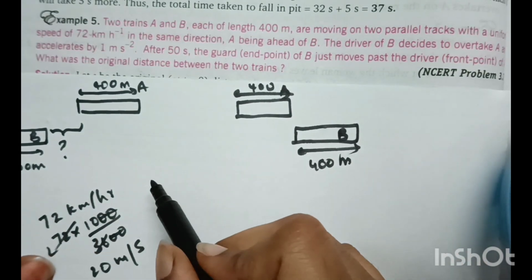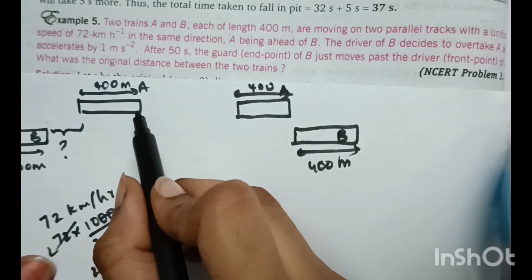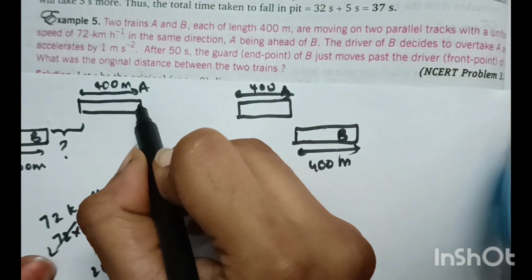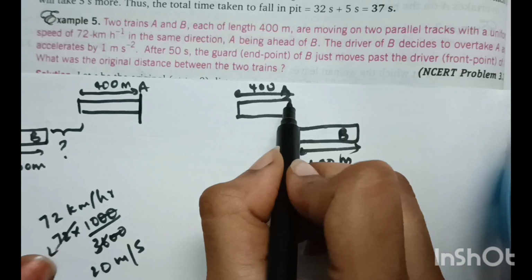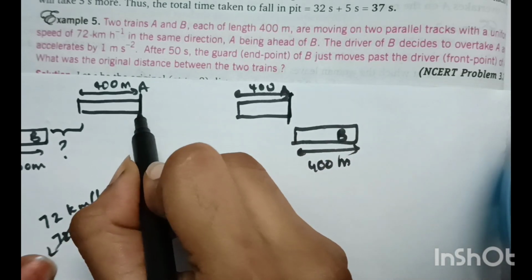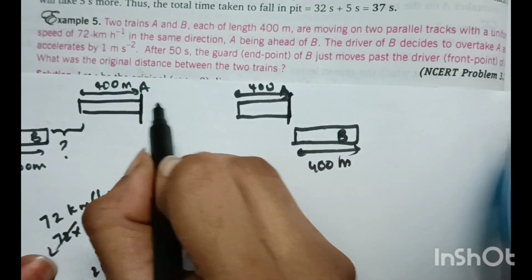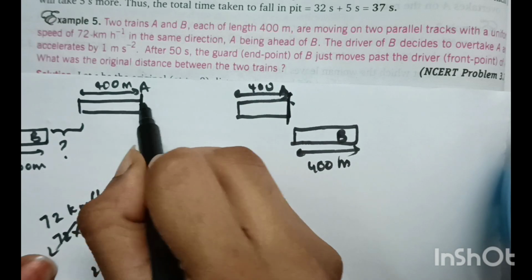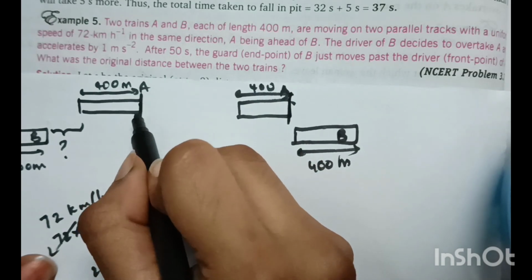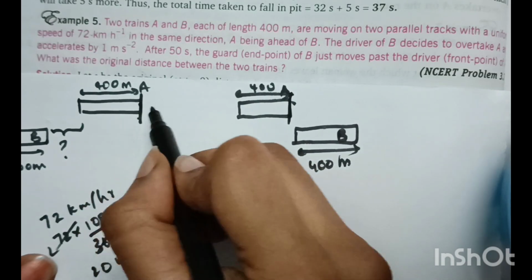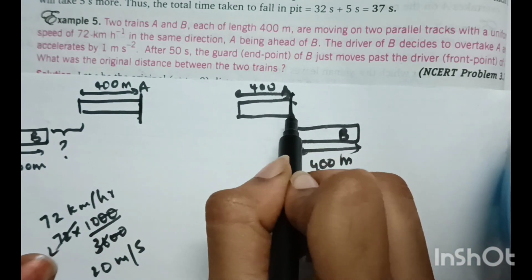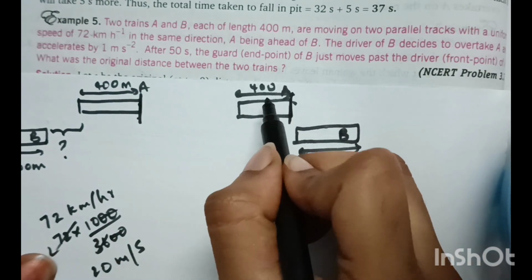So let us find their distances, what distances they would have covered. I am taking this starting point and this starting point. So this distance I am going to find, from this starting point where it was earlier to where it is now. What is this distance? Let us see.